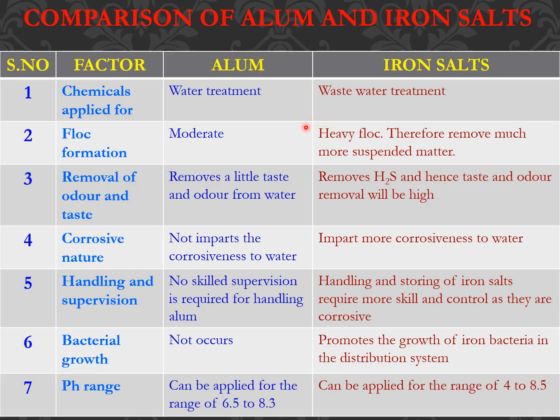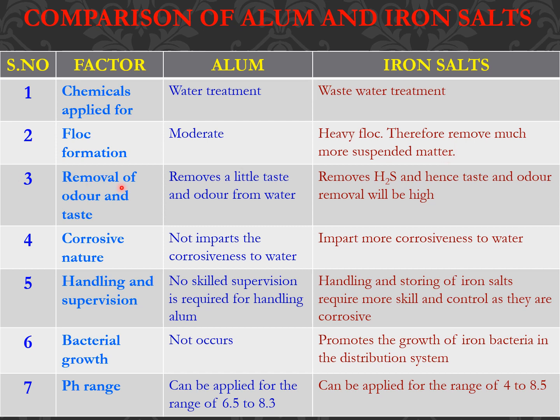Okay. So for chemicals applied for water treatment, factors: alum as a coagulant is mostly used in water treatment plants, and in wastewater treatment the iron salts are commonly used. Flocculation is moderate in alum. In normal water a medium flock is enough, but with iron salts it will be heavy flock.